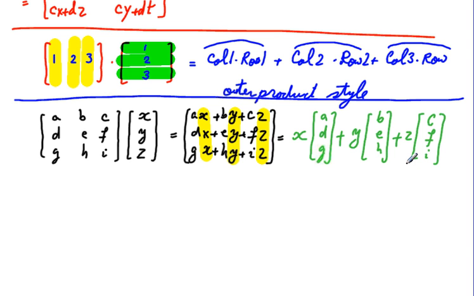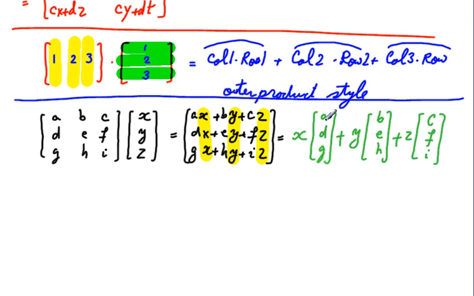Now, right now it looks like we are just juggling terms around. We're just doing multiplication, addition, and keep rewriting the same thing. But a philosophical way of looking at what is happening here is that the result of this multiplication is a linear combination of the columns of the first matrix.